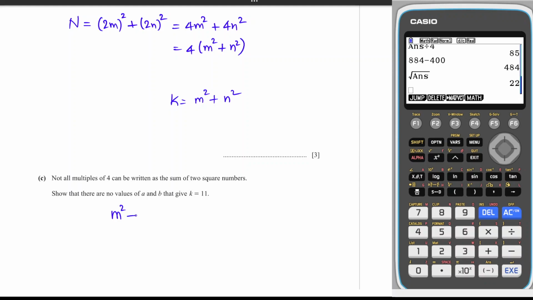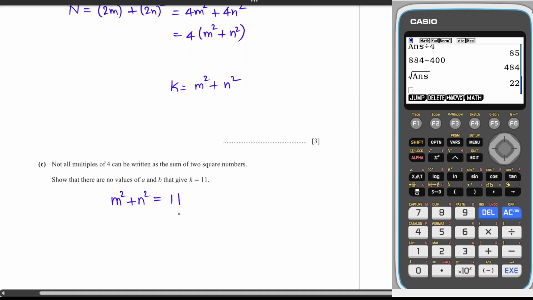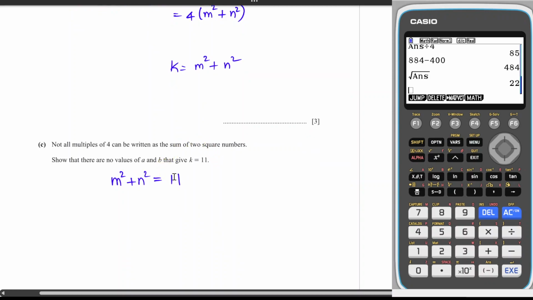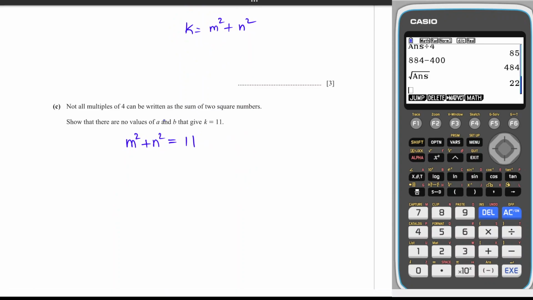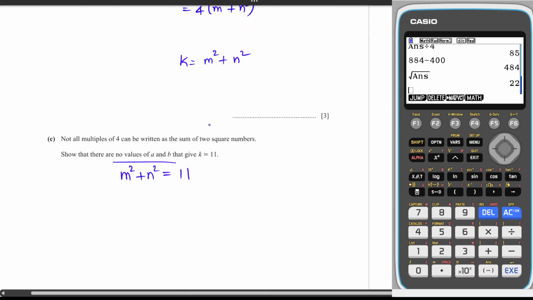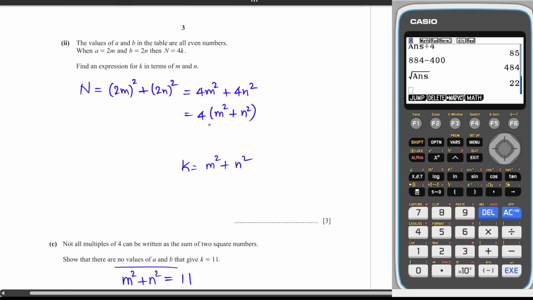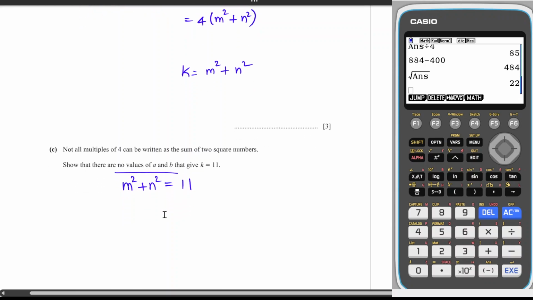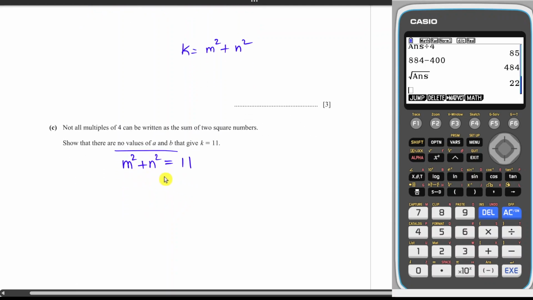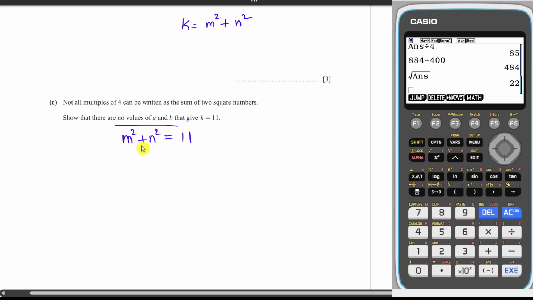What we need to see is whether 11 can be split up as a sum of squares of two numbers. If there are no integers m and n which give us the total 11, where the numbers should be squares, then that automatically proves it.